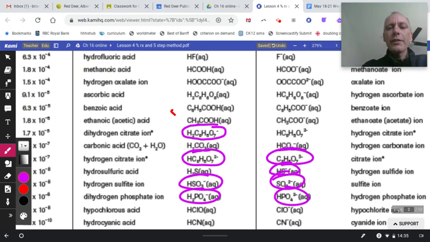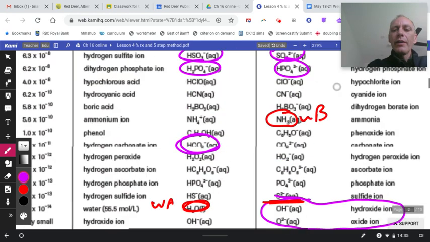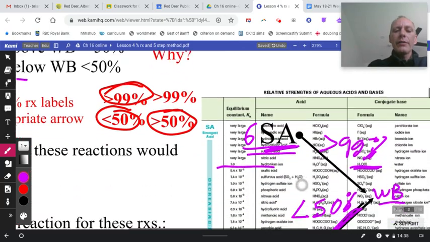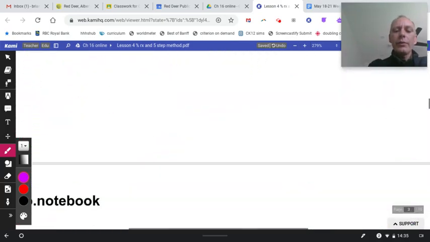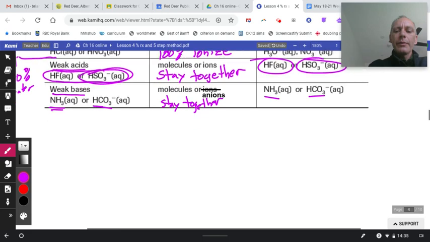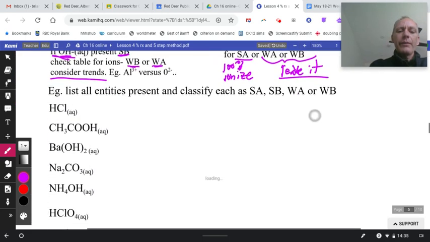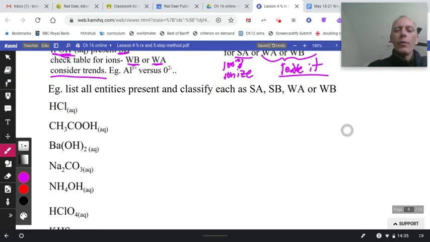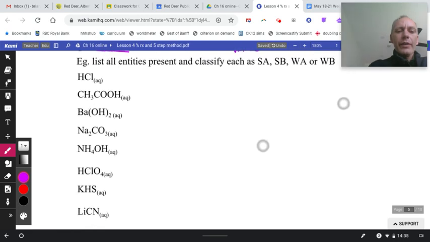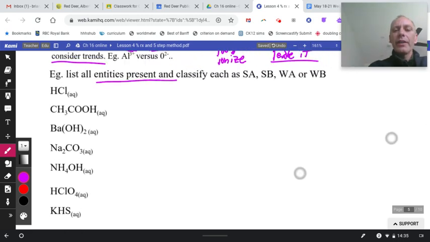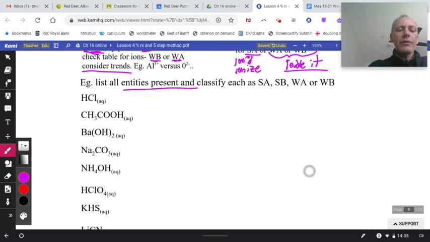So you can see lots of weak acids and weak bases come from ionic compounds. So once you dissociate them, you go searching on that table to see if they are an acid or a base. Okay. So we'll practice a few of these together and you'll get the pattern. List all entities present and then decide, is this thing an acid or a base, strong or weak?